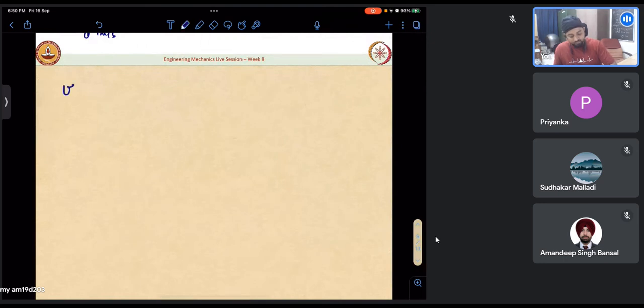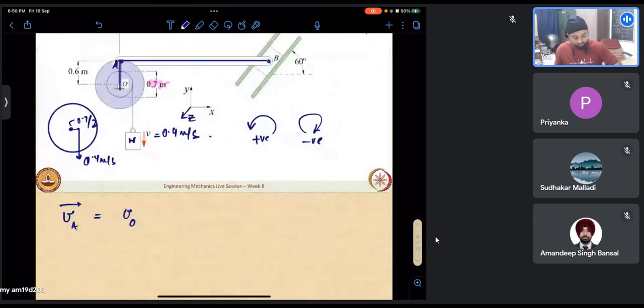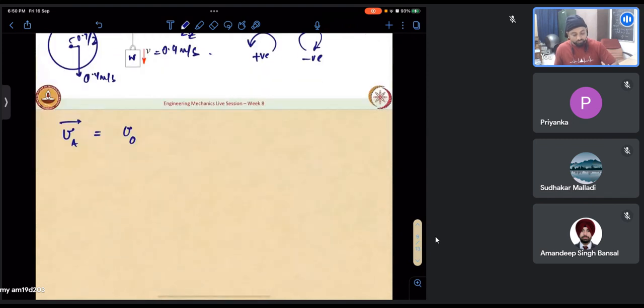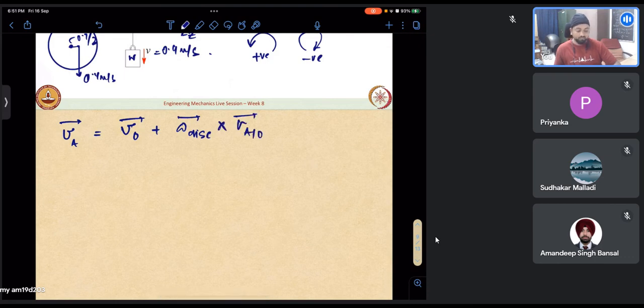So velocity of point A will be velocity of point O. I think it is called O. Yeah, this pivot is called O. So it will be velocity of O plus omega of the disk cross r of A with respect to O. This is what we will be using time and again for velocity.